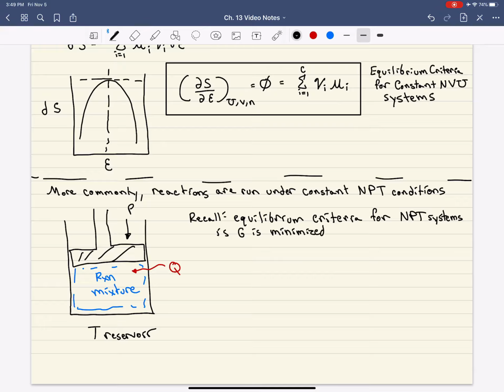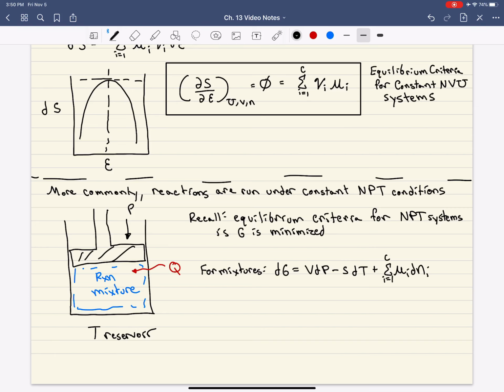Okay. All right, and so we saw previously for mixtures back in chapter 8 that the fundamental equation for Gibbs energy was VdP minus SdT plus the summation of mu i dn i.